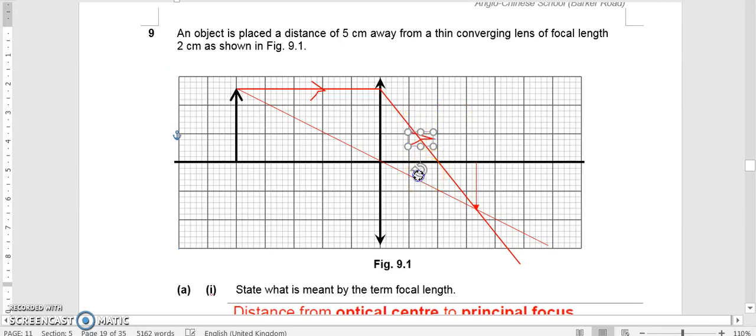Okay, not very nice, my arrow, but I think you get the idea. So you've got to draw your arrows in. So this is 2 cm, this is my focal point. So parallel, focal point. And this is boom, right? So you've got to draw the image.